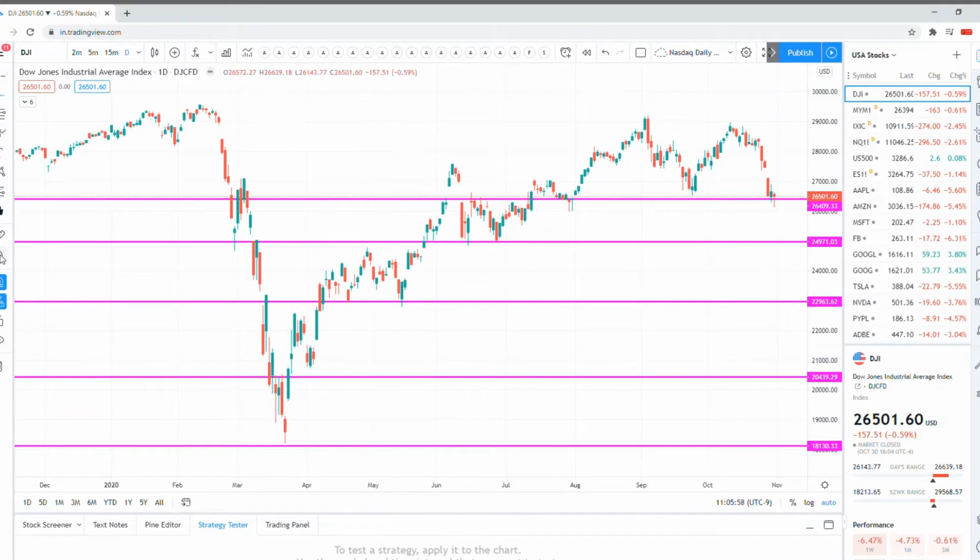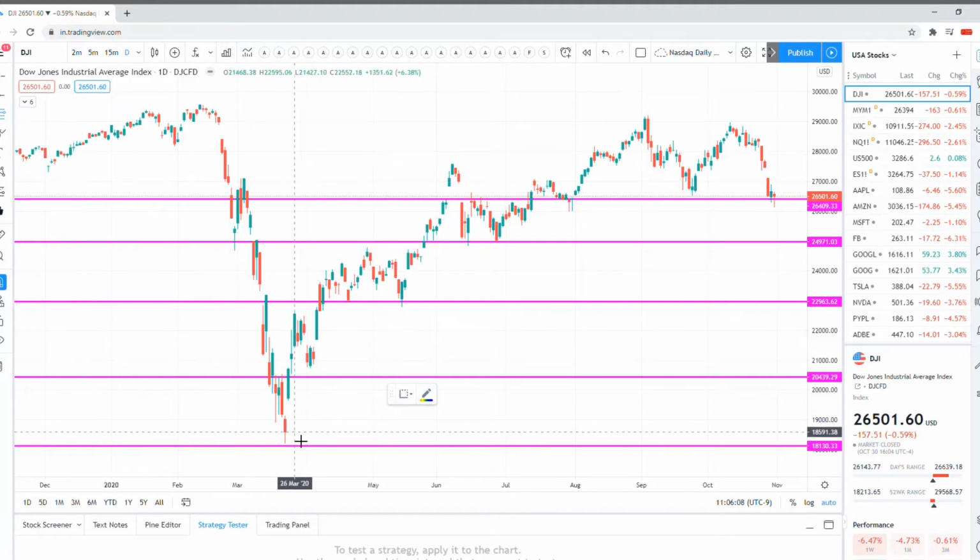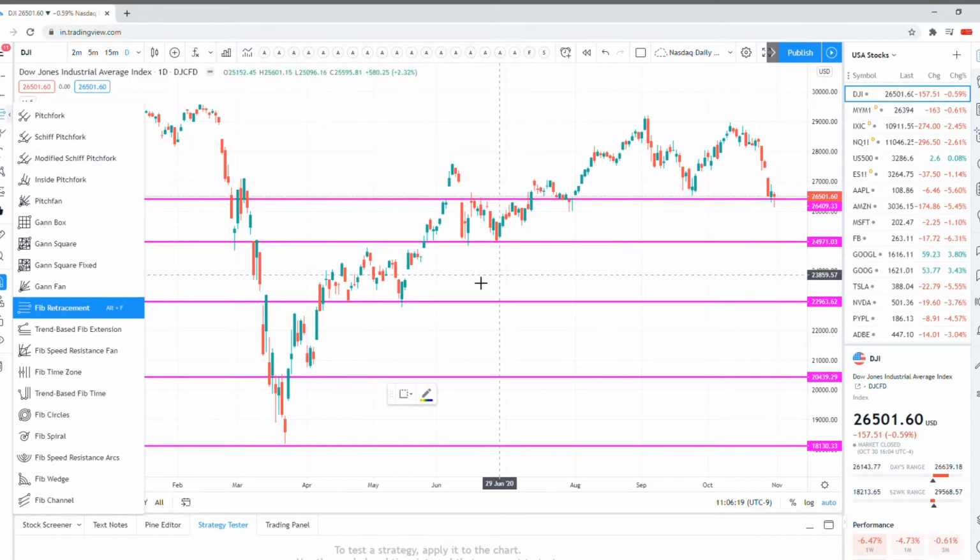Now let's try to do Fibonacci retracement. Let's start with this point.